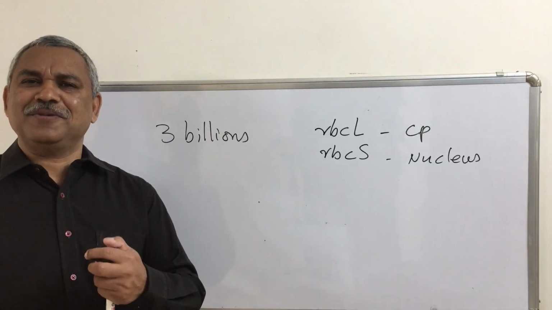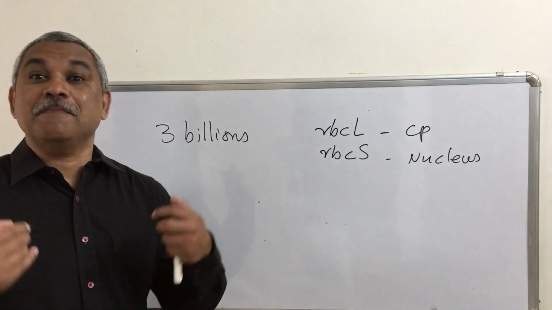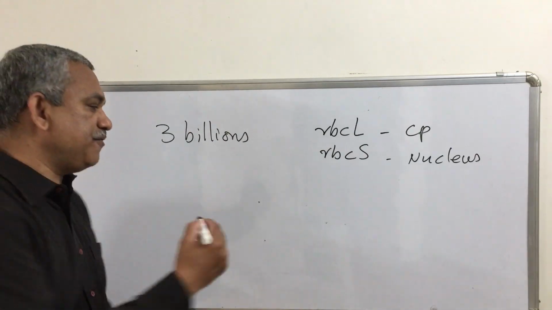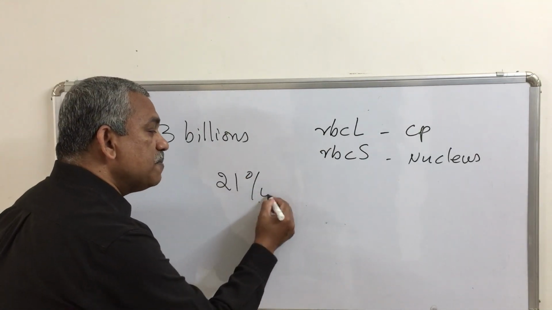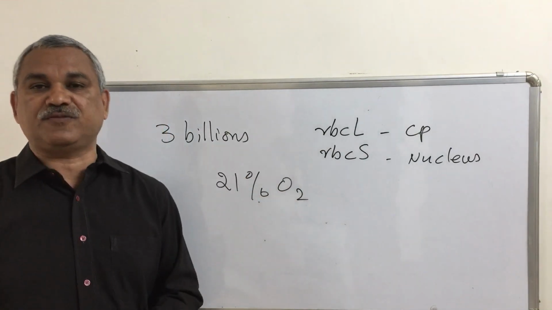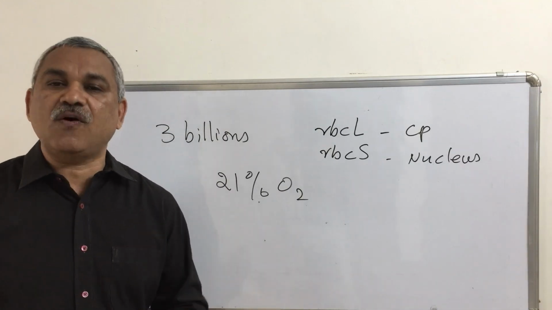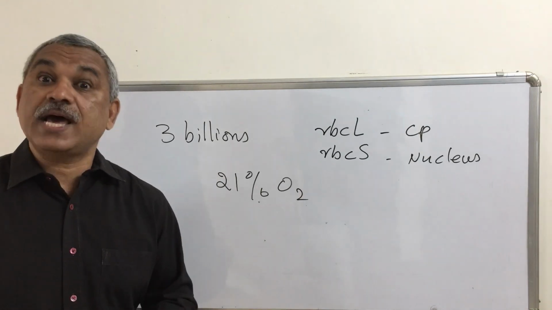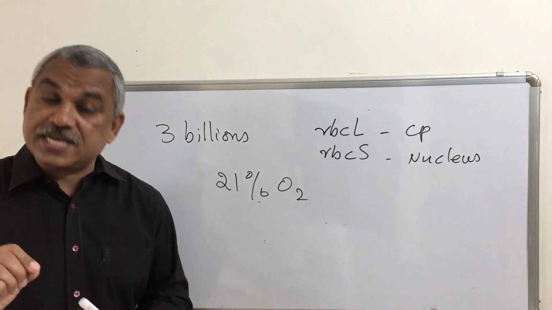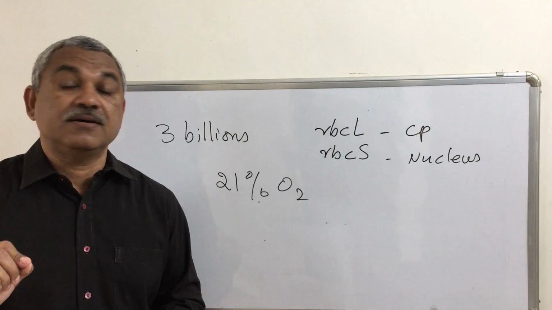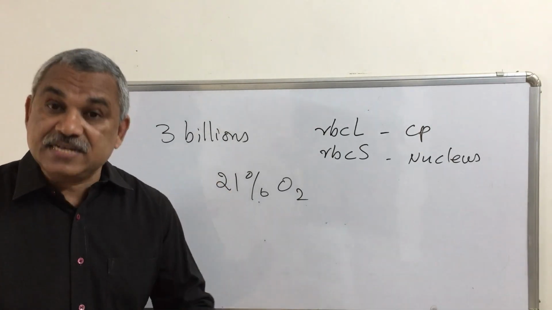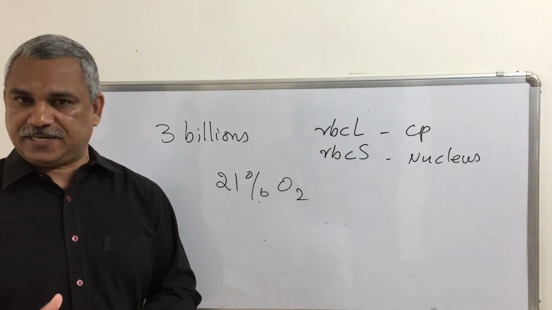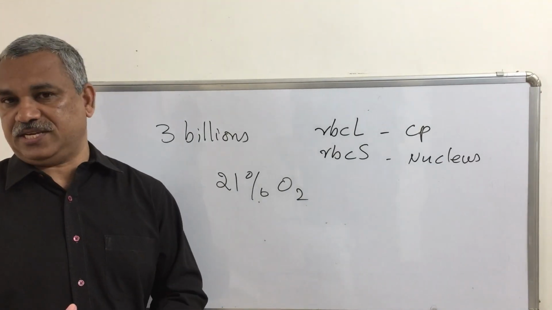Over a period of time, when oxygen concentration began increasing in the atmosphere to the level we have now, about 21% oxygen, it probably evolved the oxygenase activity as well. The oxygenation reaction is a side reaction which is not preferred by a plant. It's a waste of energy.